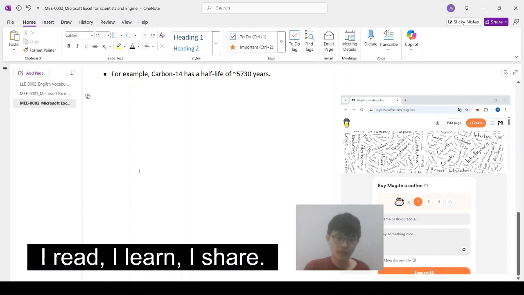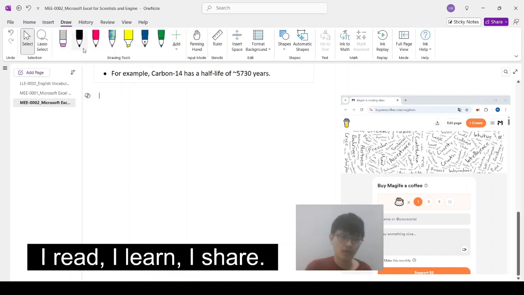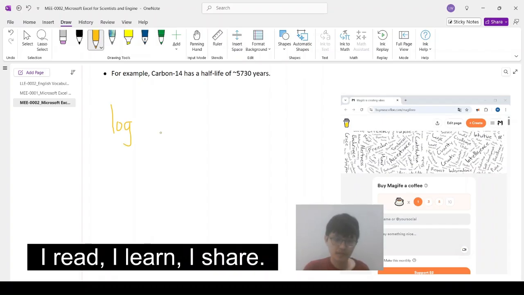So what is a logarithm? Logarithm is log. So this is logarithm, log base 10 of x equal to y. What does this mean?